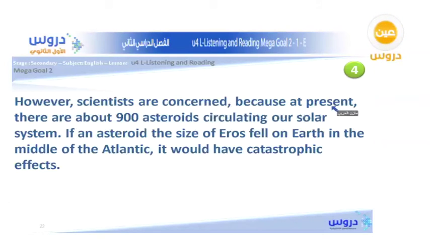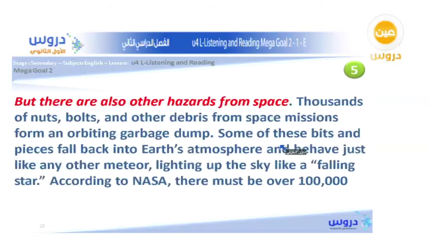But there are also other hazards from space. Thousands of nuts, bolts, and other debris from space missions form an orbiting garbage dump. Some of these bits and pieces fall back into Earth's atmosphere and behave just like any other meteor, lighting up the sky like a falling star. According to NASA, there must be over 100,000.